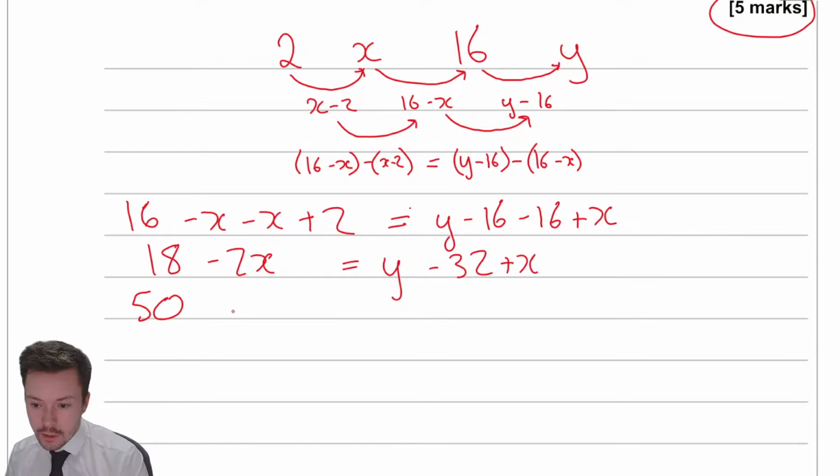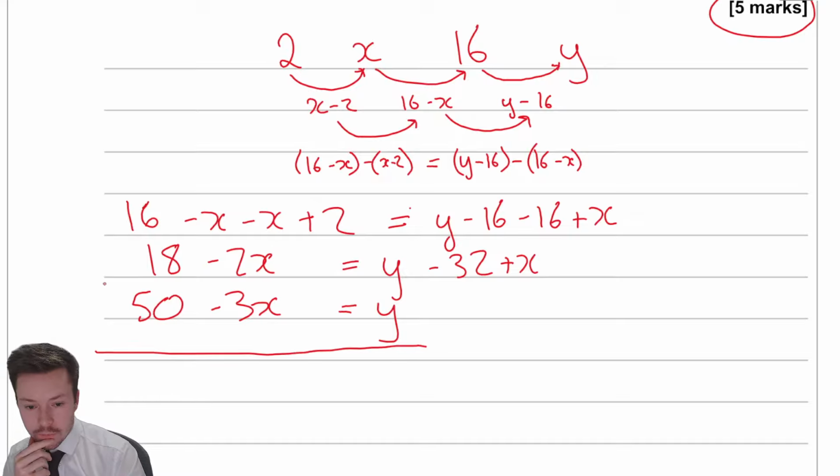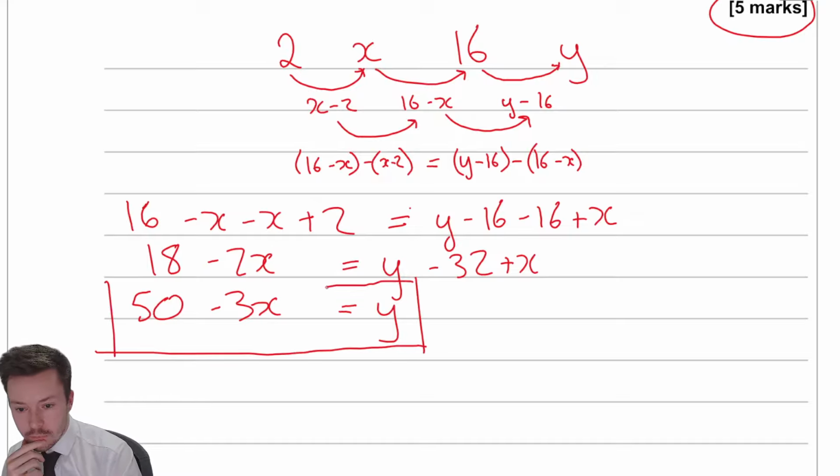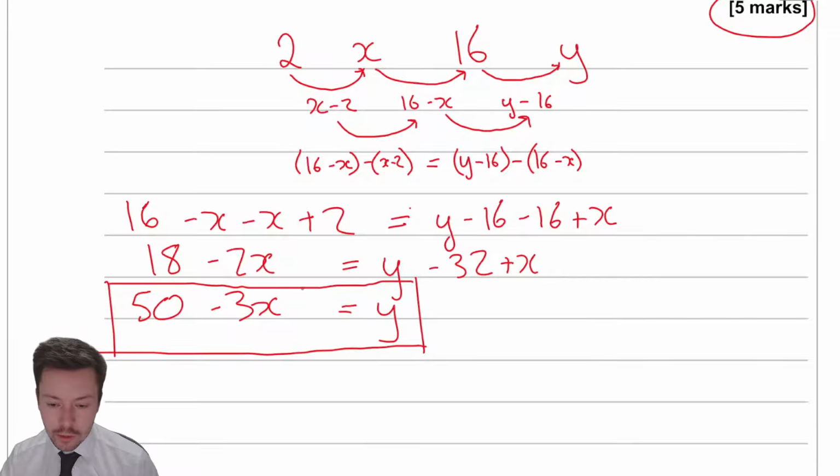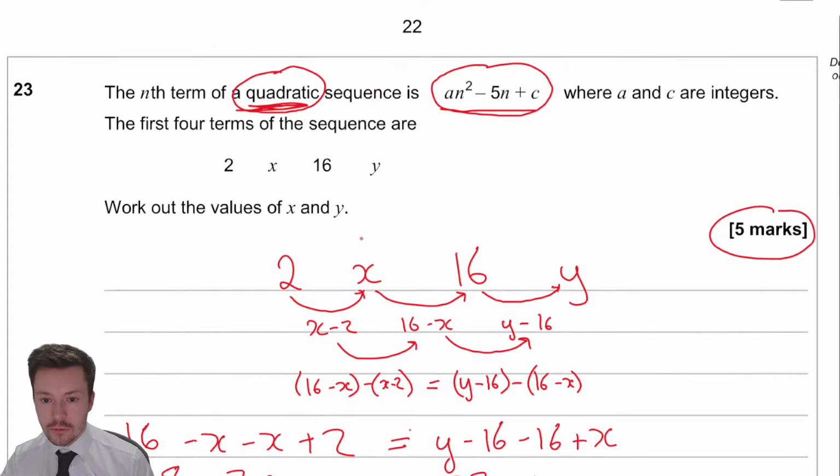Minus 3x is equal to y. Okay, so we've got this. That's going to be important in a second. We know that the middle term is minus 5n. Okay, so that's going to be important.